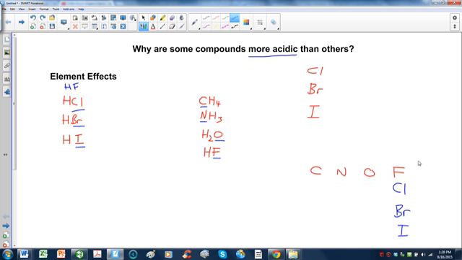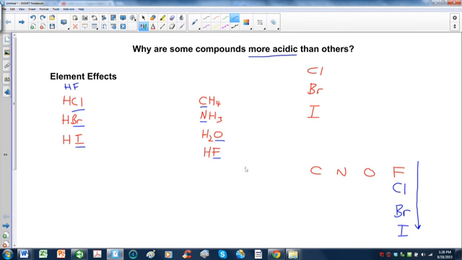So when you go down a group, we're going down group 7 here, fluorine's at the top, iodine's at the bottom, the larger the element, or the less electronegative it is, because fluorine's the most electronegative, iodine is the least here. Going top to bottom, going down a group, the acidity of your acid is going to increase.